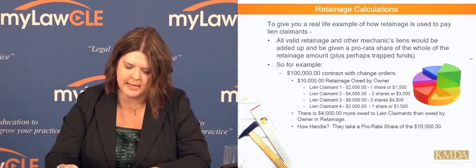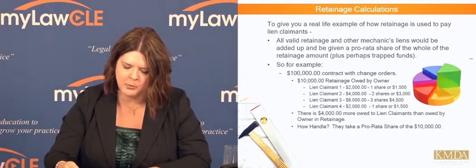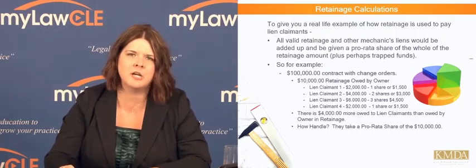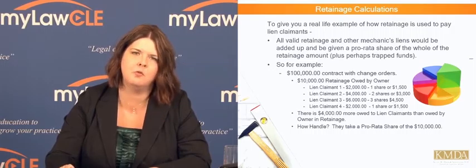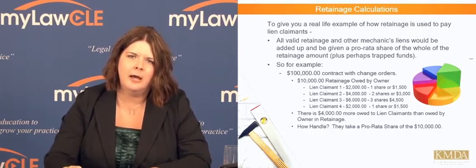As you can see from the math, we did the pro rata share of each, and there is $4,000 more owed to these lien claimants than what the owner retained. They just get their pro rata share, and the owner is not responsible for the additional $4,000.